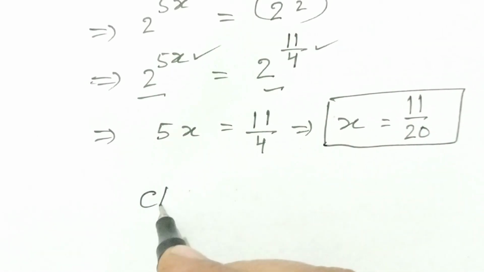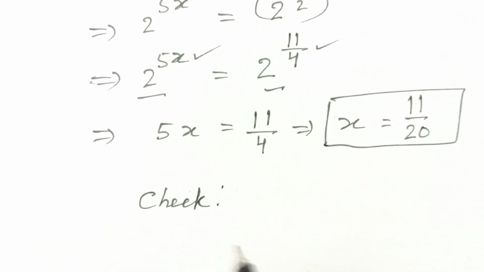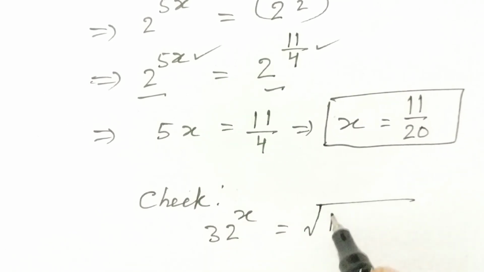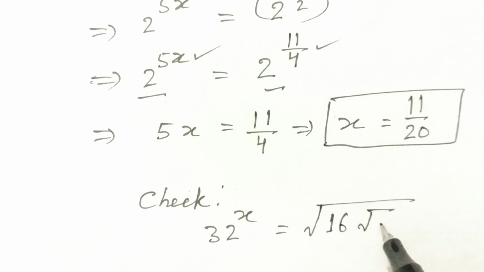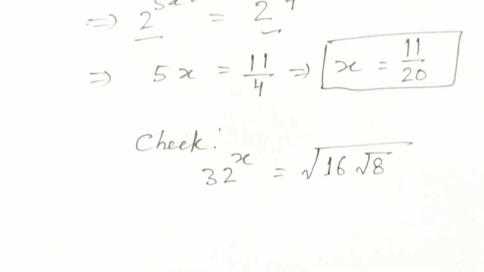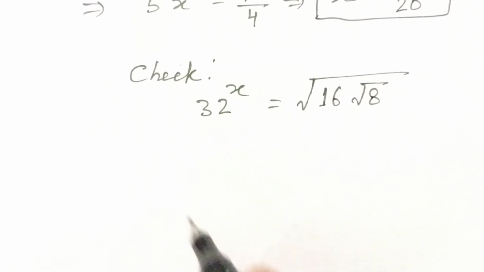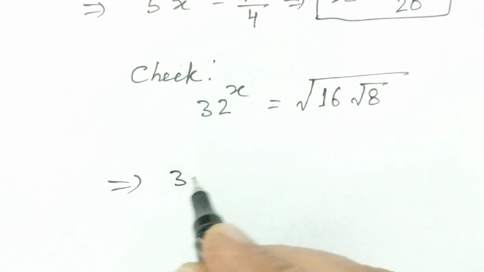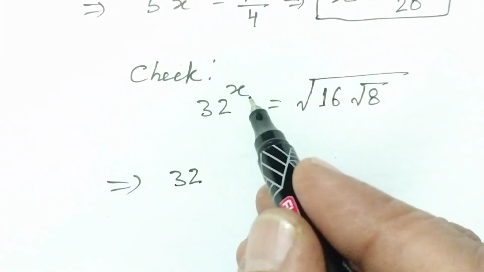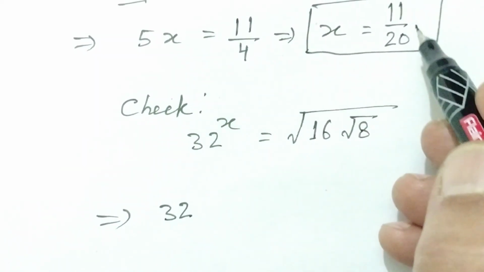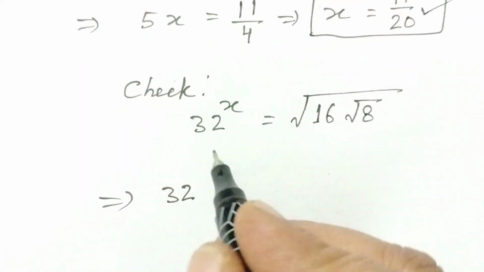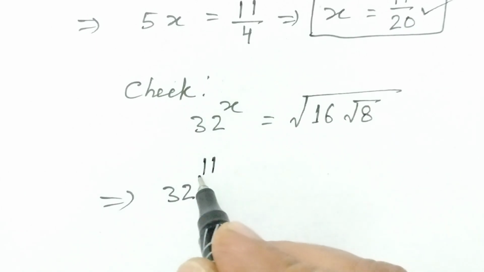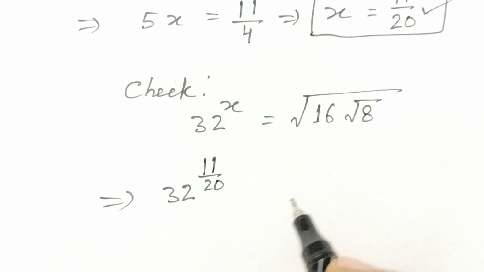If we check 32 to the power x is equal to square root of 16 into square root of 8, right? So 32 to the power x is equal to this, 11 over 20, right?